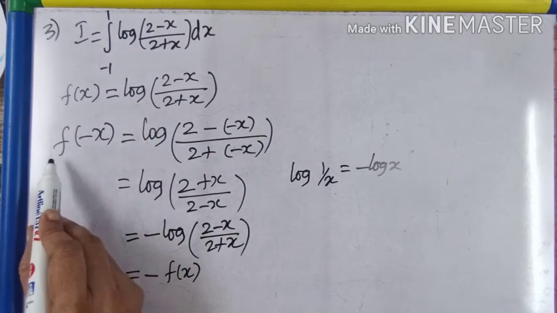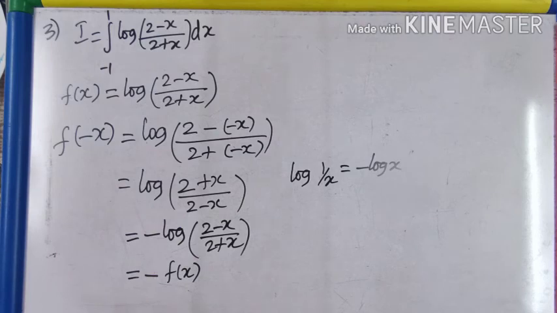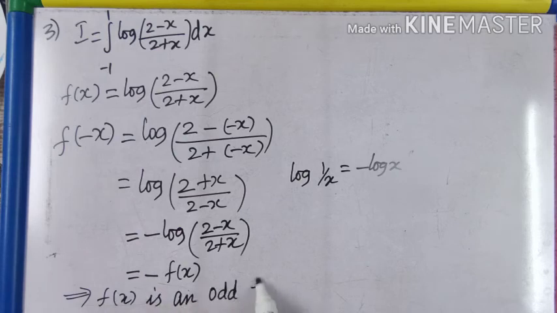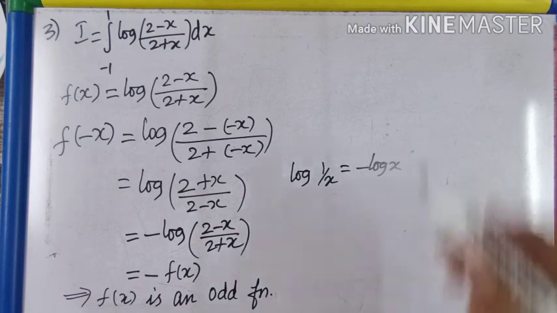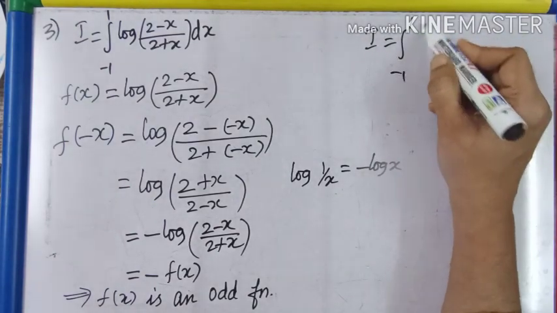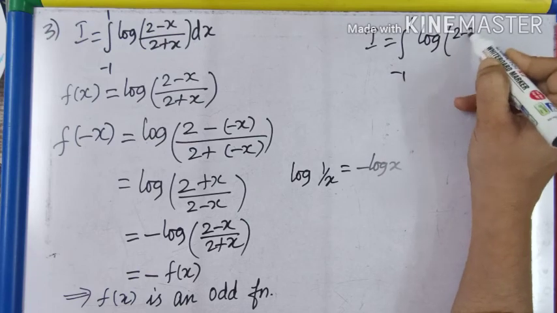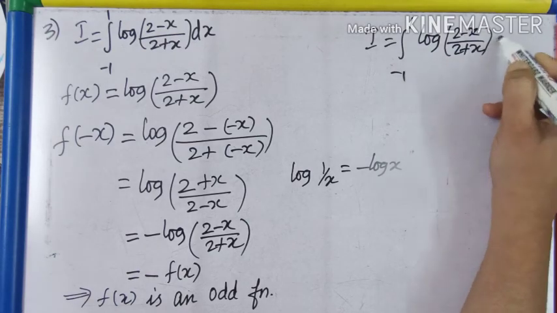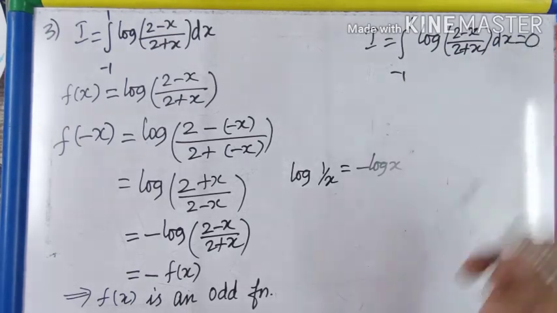I started with f of minus x and I ended with minus f of x, which implies f of x is an odd function, and whenever it is odd, we say I equals 0. So integral from minus 1 to 1 of log of (2 minus x) by (2 plus x) dx is equal to 0.